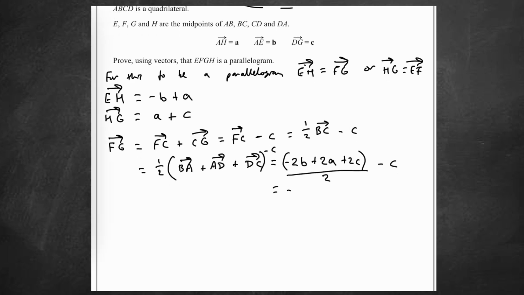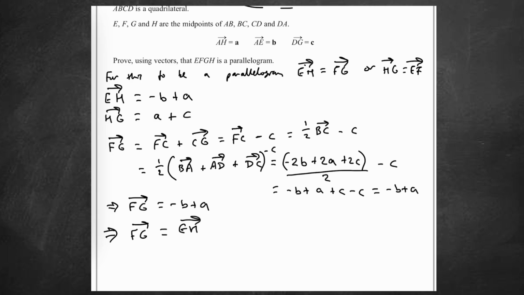And we're going to be left with minus B plus A plus C minus C becomes minus B plus A. Therefore, FG equals minus B plus A. Therefore, FG equals EH. As we have EH up here is minus B plus A. And since EH equals FG, we have a parallelogram.